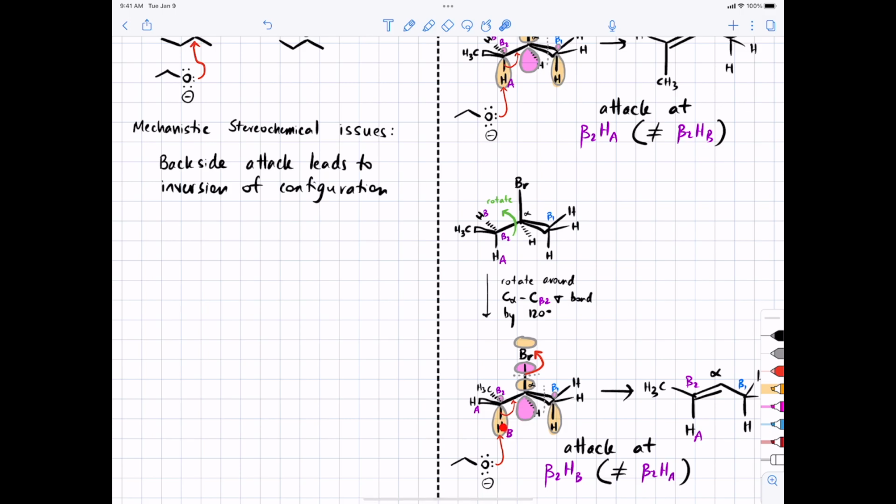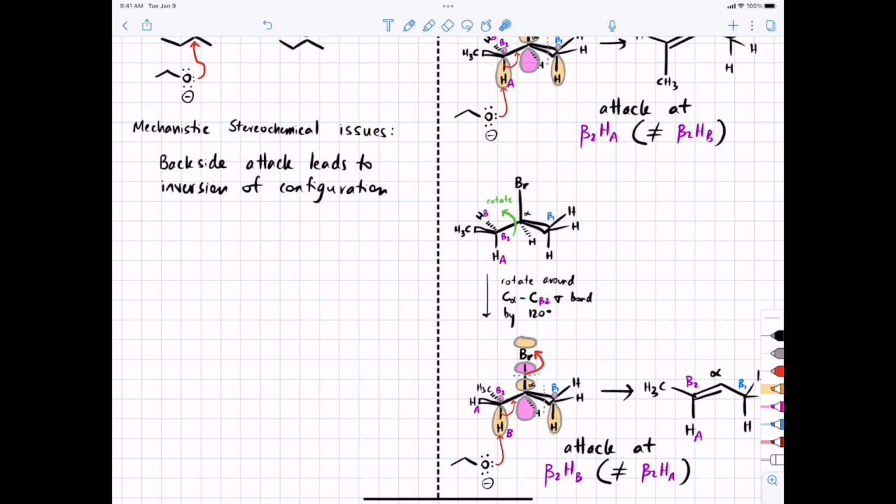Now proton B is anti to the leaving group, and if we remove proton B and make the new pi bond between alpha and beta 2, notice that in this conformation of the molecule, the methyl group on beta 2 is pointing back into the page, whereas the methyl group on the alpha carbon is pointing out in front of the page.